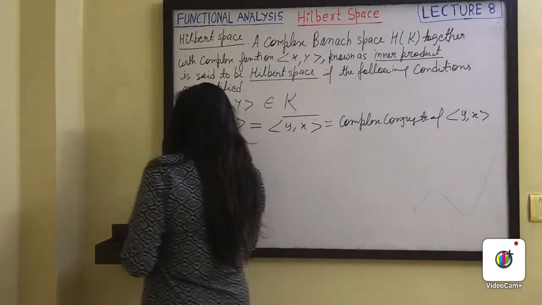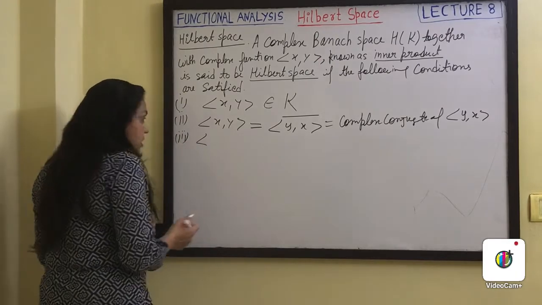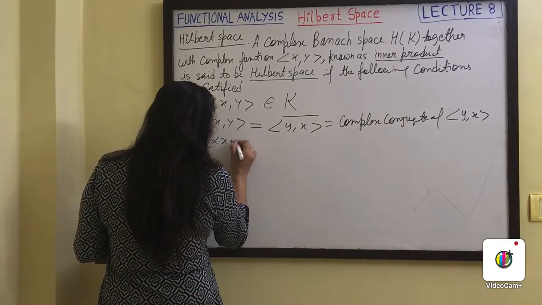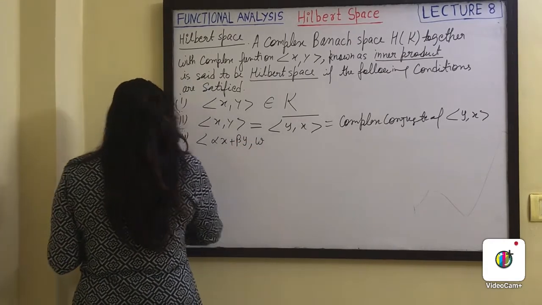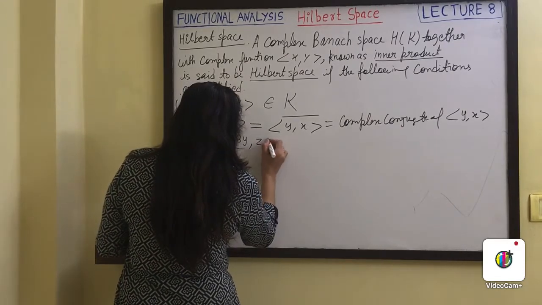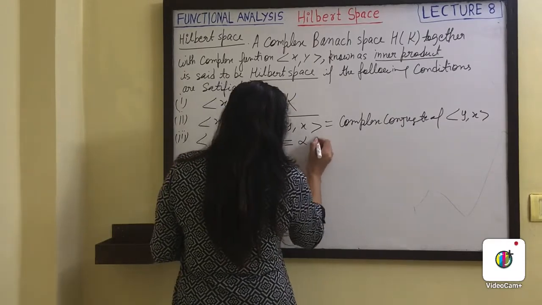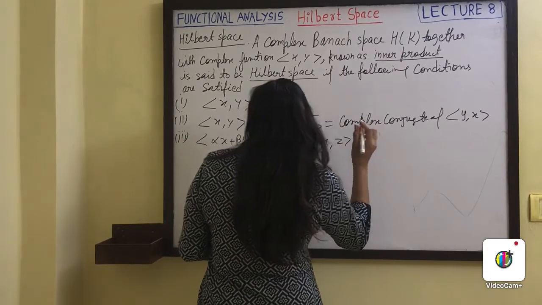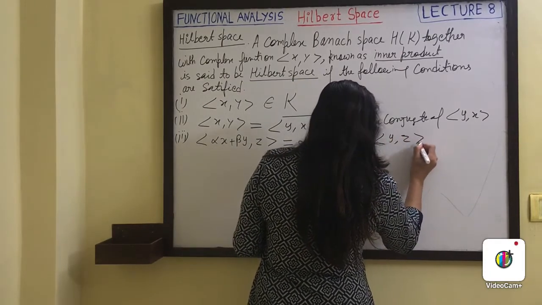The third property is, that is distributive property, inner product of alpha x plus beta y comma w, or you can say z, because here we are taking x, y, z. So this is equal to alpha inner product of x comma z plus beta inner product of y comma z.